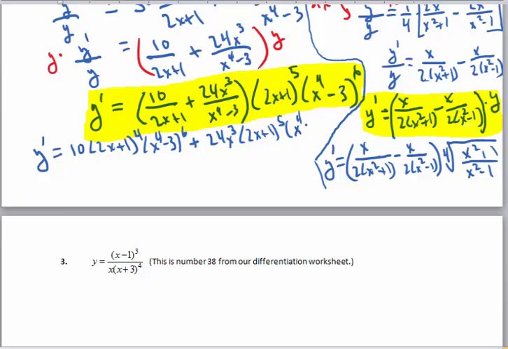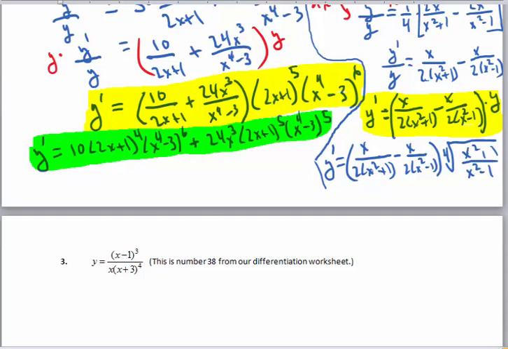And now x to the 4th minus 3 would also be to the 5th, right? Because one of those factors of x to the 4th minus 3 would cancel with that x to the 4th minus 3. So it's actually quite simple to see how the expression I originally ended up with is in fact equivalent to what you would have gotten by using the product rule.